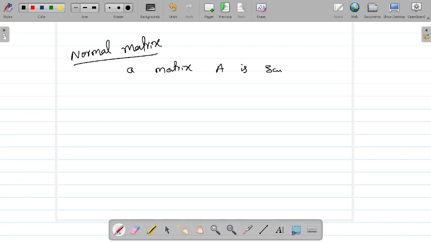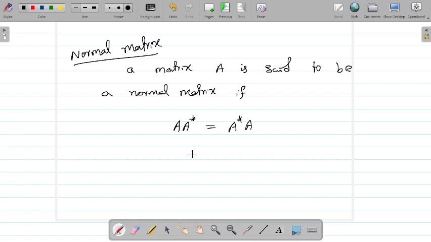So do I need that A must be square, or can it be a rectangular matrix? Tell me from this definition. Let us say A is an m by n matrix. Then A star is going to be n by m, so A into A star gives an m by m matrix. Whereas A star into A is n by m times m by n, so you end up with an n by n matrix.